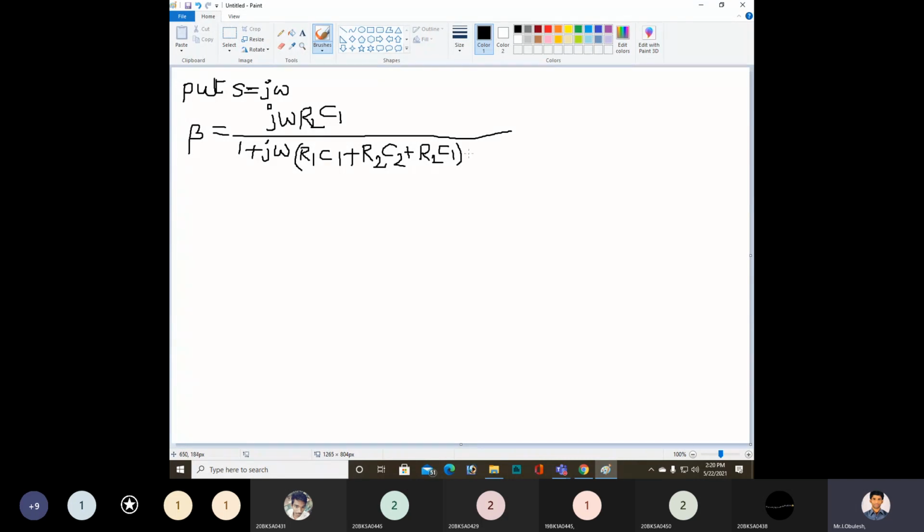S square is nothing but j square omega square. j square means minus 1. So here you will get minus omega square R1 R2 C1 C2. Write it as it is, R1 R2 C1 C2.